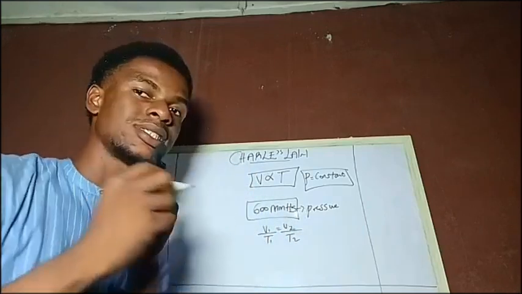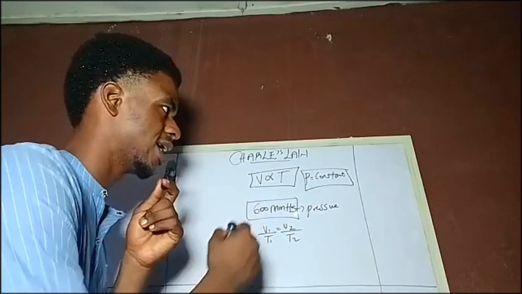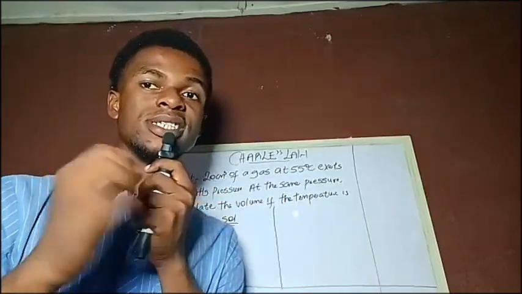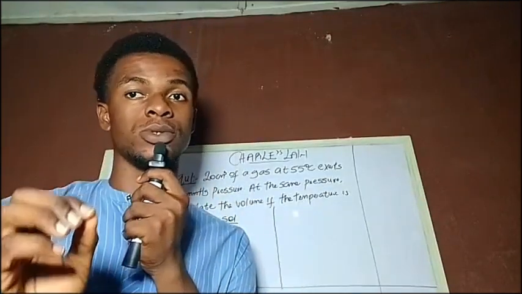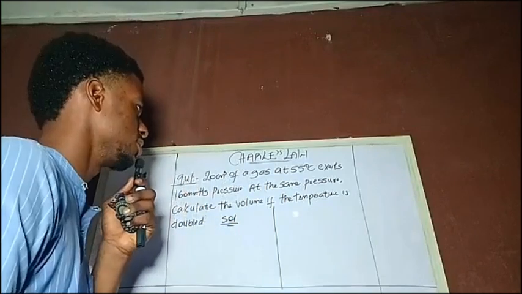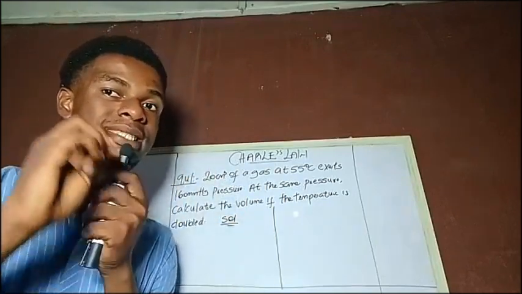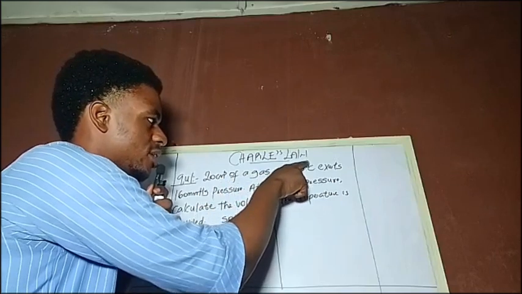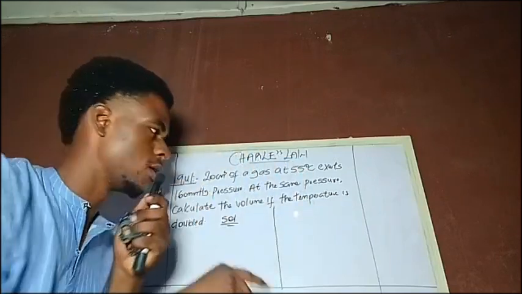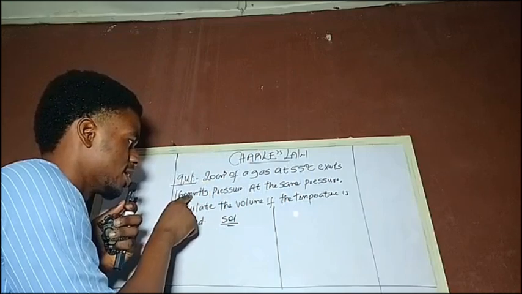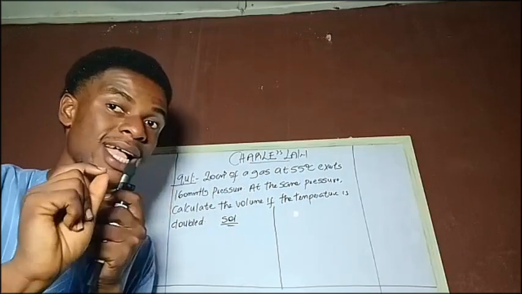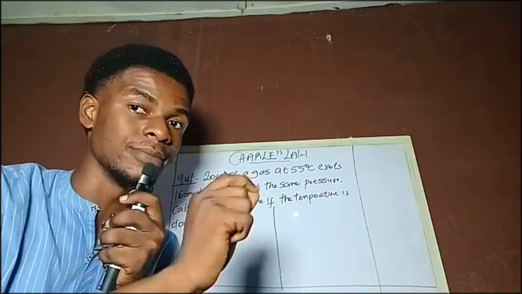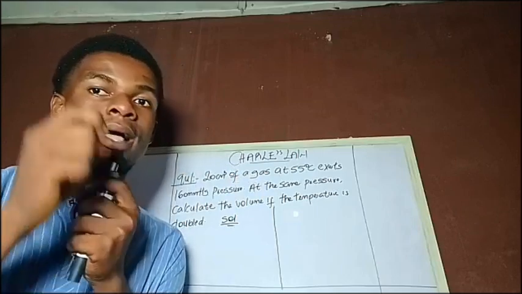Now, let us see a question on Charles' law. There is a question on the board based on Charles' law, and let's look at it. They said 20 centimeter cube of a gas at 55 degrees Celsius exerts a pressure of 160 mmHg. Like I said, mmHg means millimeter mercury.